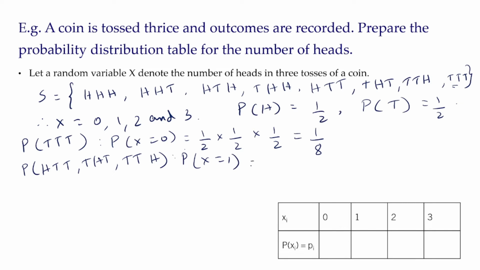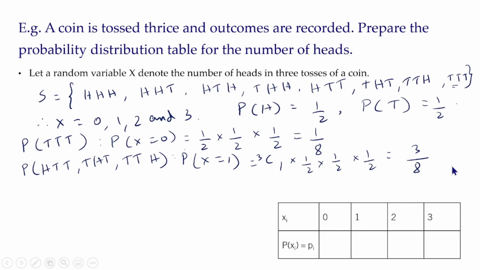It is obtained by the total number of trials, 3C, and the number of successes, which is 1 here. So it is 3C1 into 1 by 2 into 1 by 2 into 1 by 2, that is equal to 3 by 8.